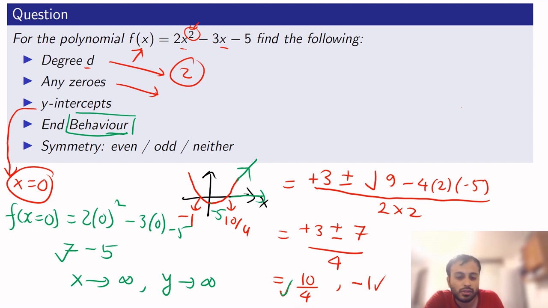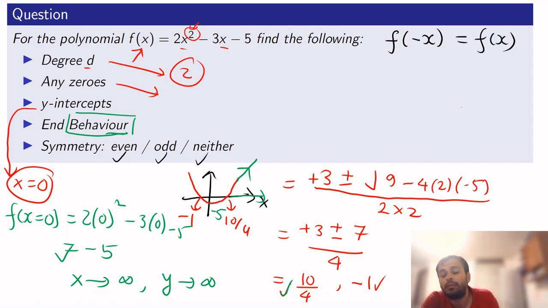The last question asks if this function is even, odd, or neither. So what's the definition of an even function? A function is even if f of minus x is equal to f of x. What does that mean? If you take that function and replace all the x's with minus x, and the function still remains the same, then it's an even function.